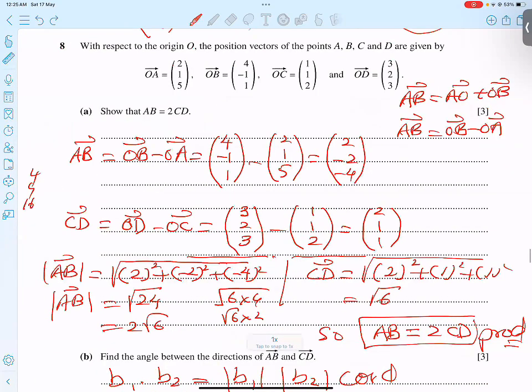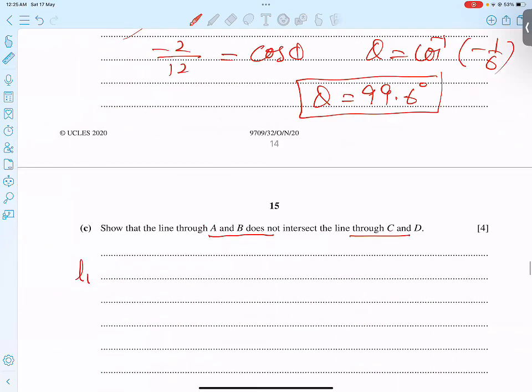So I'm writing line number 1, or line AB. So r is equal to OA plus lambda times AB. And I'm writing here r, what is OA? Here I'm writing lambda AB.